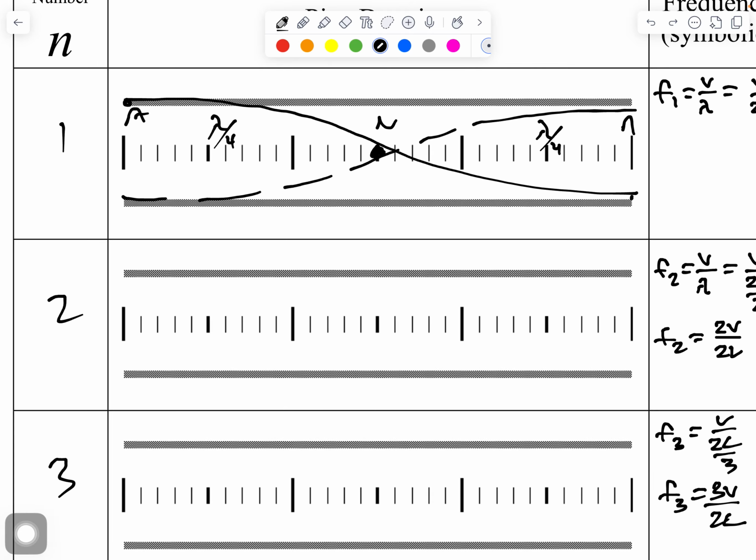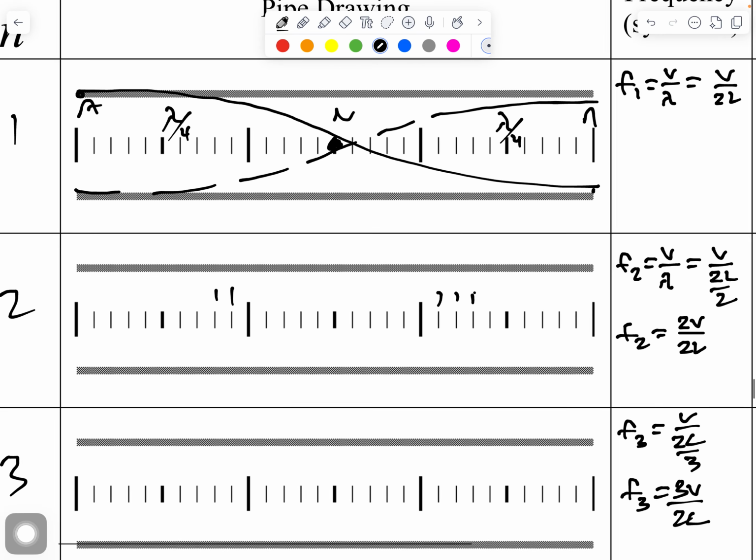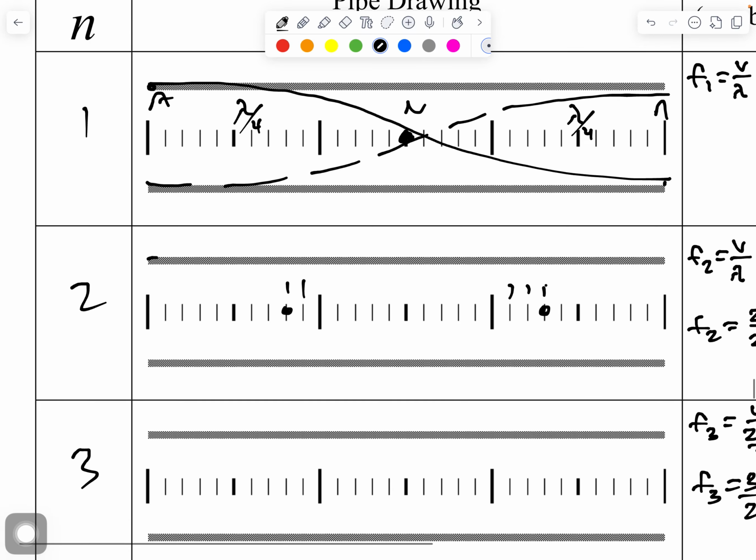We've got to count up the spaces here. So 1, 2, 3, 4, 5, 6, 7, 8, 9, 10. So we got 10, and then it's 1, 2, 3, 4, 5. Okay, more or less, it's going to look about like this.